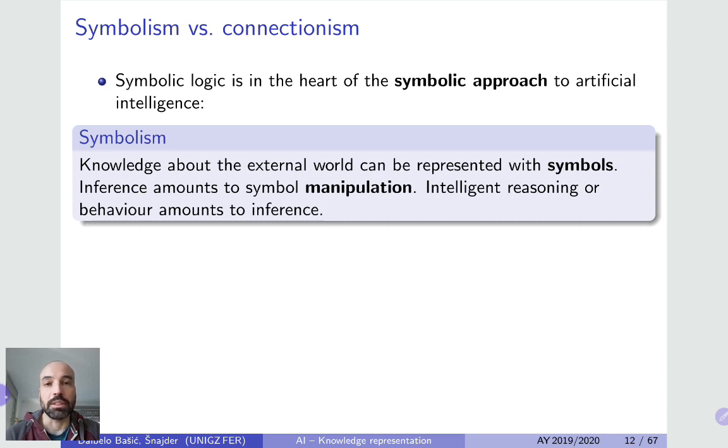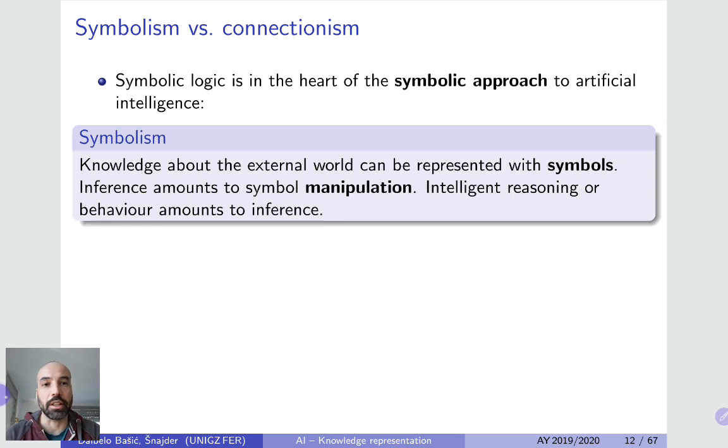Now, symbolism is about using symbols to formalize knowledge. A symbolist believes that the external world can be represented using symbols down to its very details, and that inference then amounts to manipulating these symbols to derive new symbols, which essentially represent new knowledge, right?